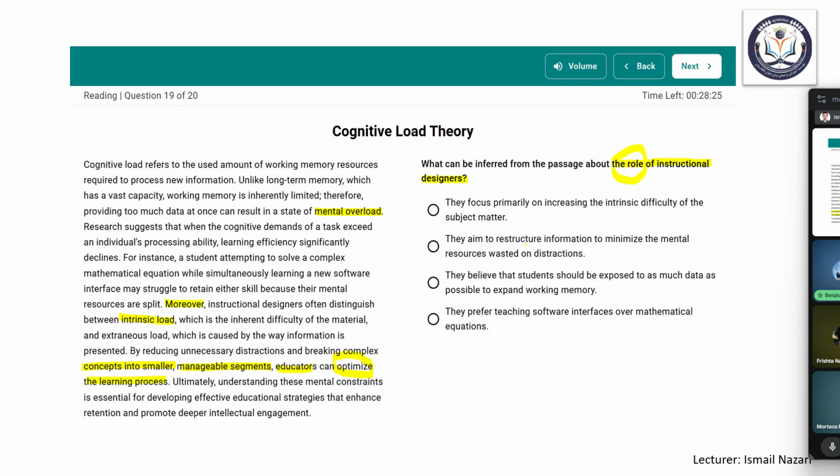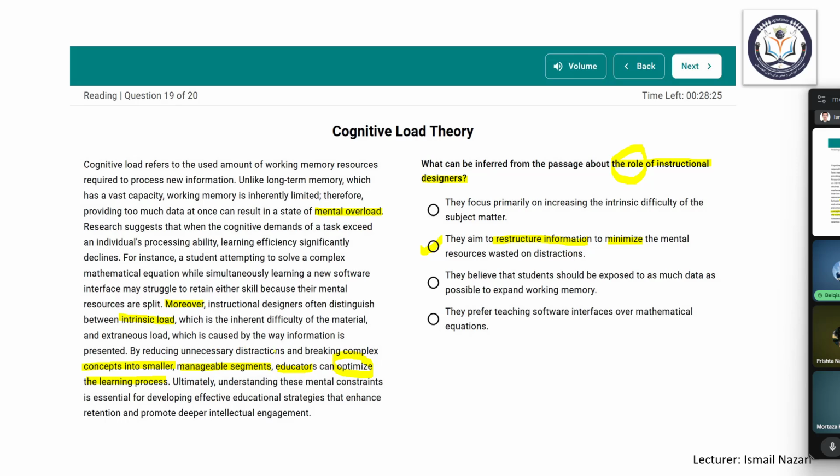It means here, as we have in B, it says restructure information. So restructure information simply means optimize the learning process. To minimize the mental resources wasted on distractions. So mental resources, it gives that one.